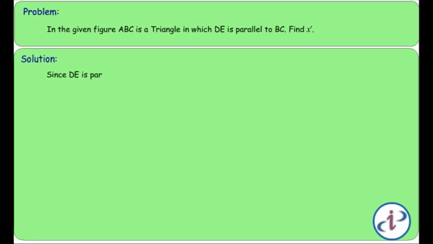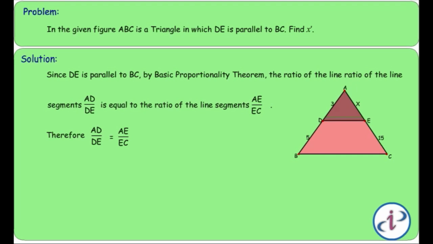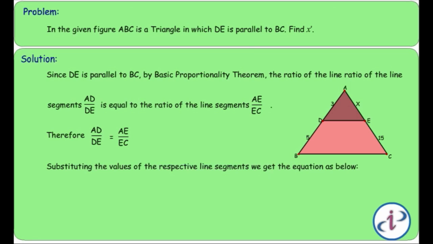Since DE is parallel to BC, by the basic proportionality theorem, the ratio of the line segments AD to DB is equal to the ratio of line segments AE to EC. Since the values of AD, DB and EC are given, substituting these values in the ratio, we get x is equal to 9.